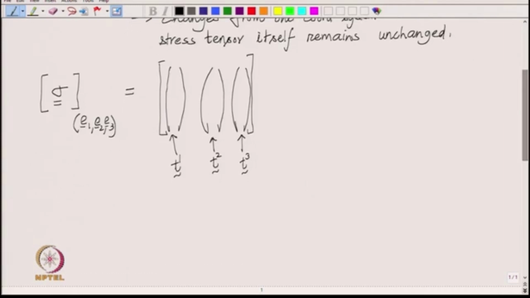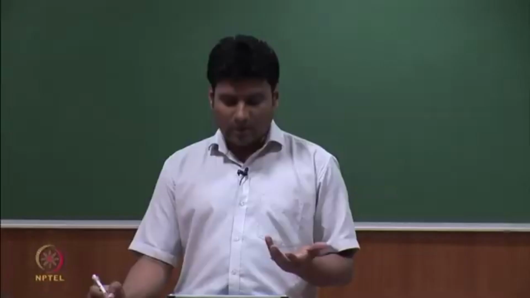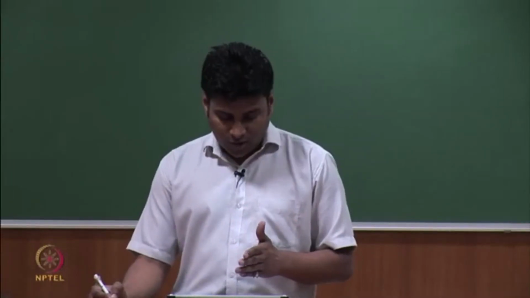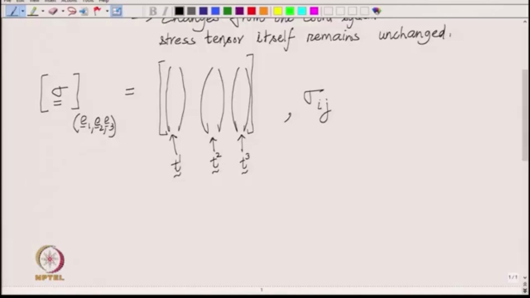So, if that is the case, I guess can we say that sigma I j, what is sigma I j then? So, j denotes column here, right. Sigma matrix has two subindices I and j, I denotes row, j denotes column, and we know from this matrix that the columns correspond to tractions. So, j means we have to look at the traction on the jth plane, and then what does I mean?